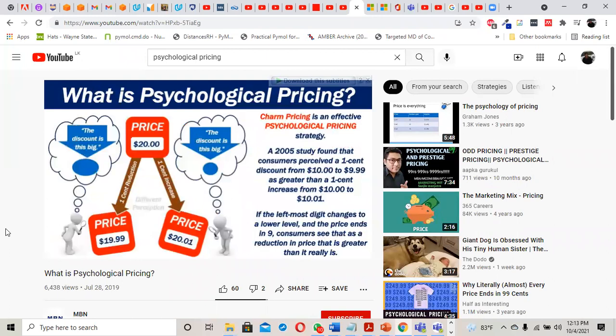A 2005 study found that consumers perceived a 1-cent discount from $10 to $9.99 as greater than a 1-cent increase from $10 to $10.01. If the leftmost digit changes to a lower level and the price ends in 9, consumers see that as a reduction in price that is greater than it really is.